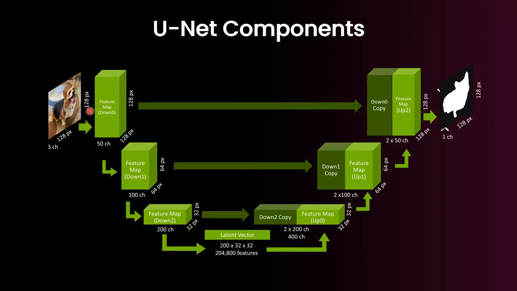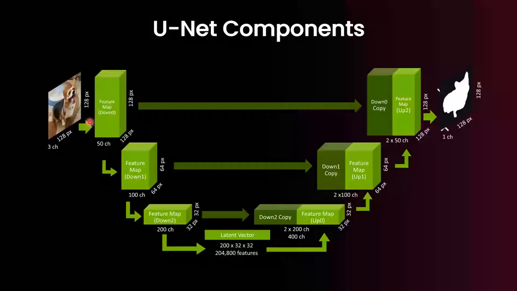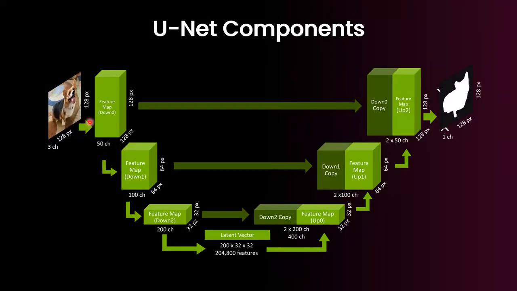In the input layer, we take the input image in three channels, 128 by 128 pixels, and pass it to a convolution operation, then apply another convolution operation, and then more, until we reach the latent vector, which is the middle vector that has the most important, or extracted, features.